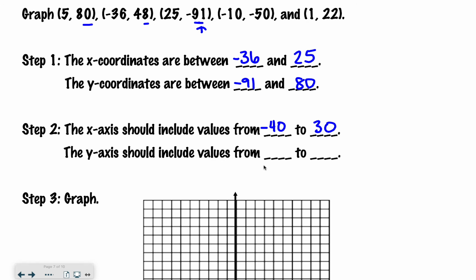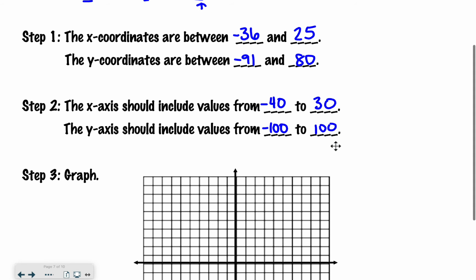And then here, I would say negative 100, because I need to go past that negative 90, up to 80 if I wanted, or maybe I just make my life easier and say negative 100 to 100. You know what? I'm going to make my life easier up here too, and say negative 40 to 40, and negative 100 to 100, because those aren't too far.